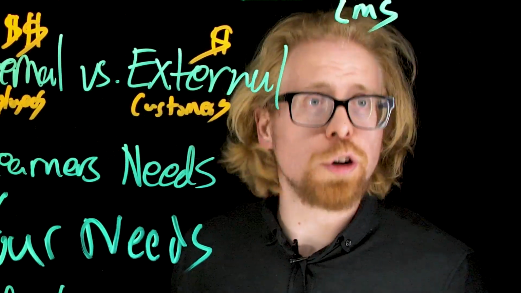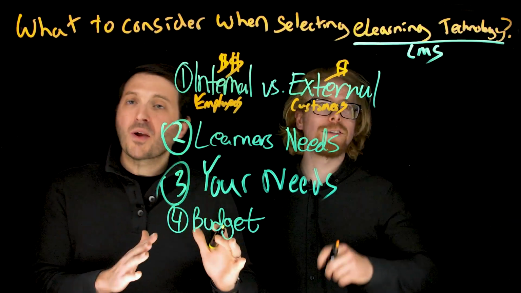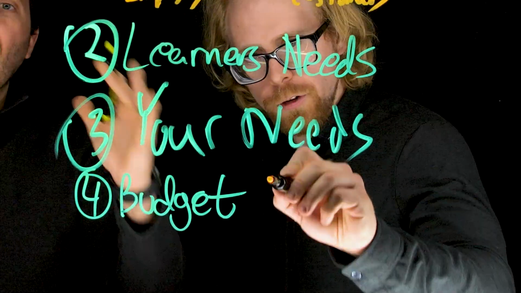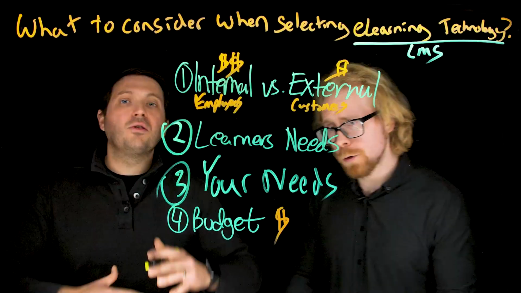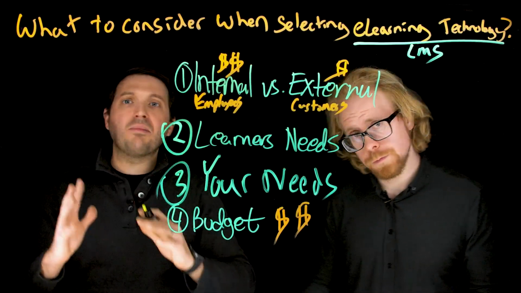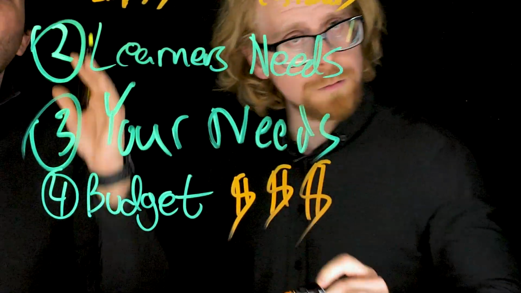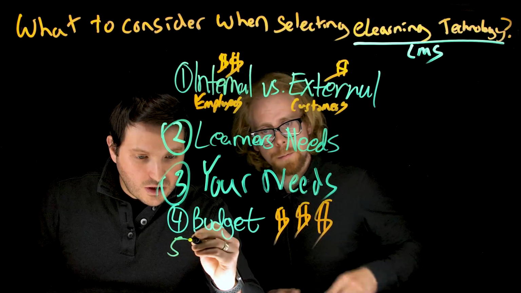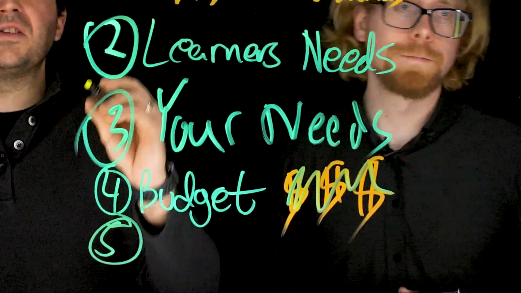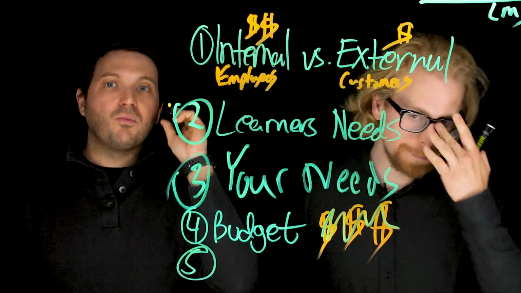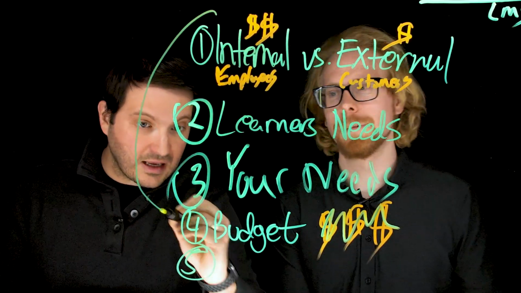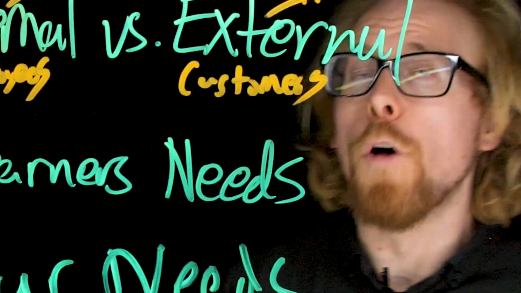Understanding how many dollar signs you're trying to spend. Look at the budget that you're looking to spend. There are so many of them out there, some with more functionality, some with less. Understand what your budget is, which goes to the 5th thing, which is when you find an LMS that fits all these 4 things right here.